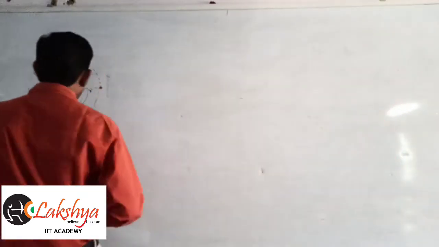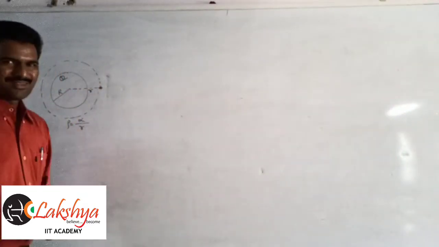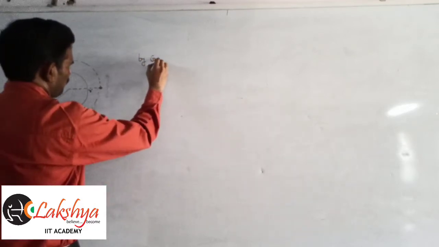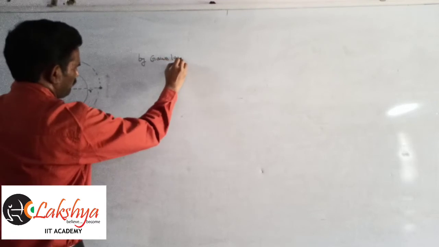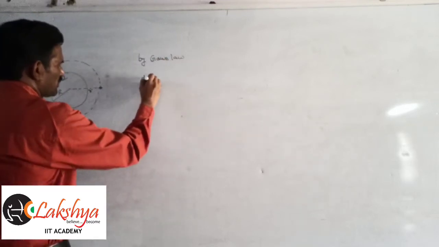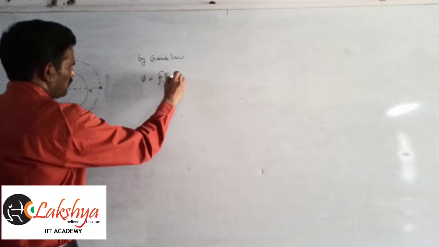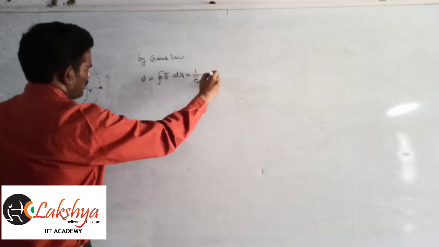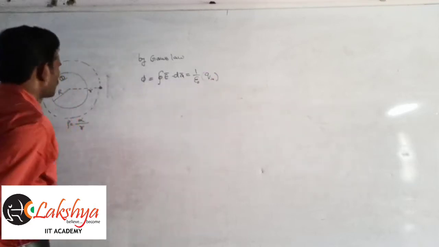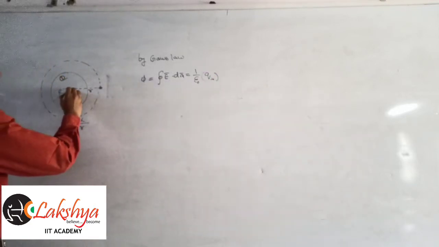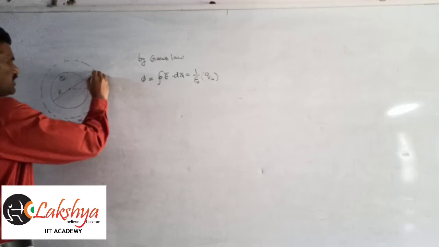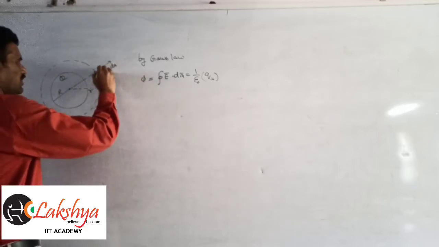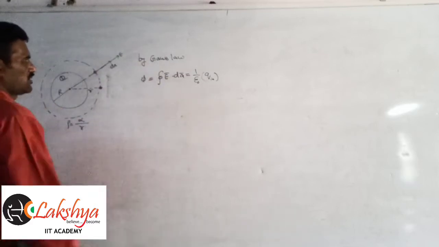So again our usual Gauss law application. By using Gauss law, I can write integral of E bar dot dA bar is equal to 1 by epsilon naught times the charge enclosed Qe. Now here again we consider a small elemental area, and this is our dA bar, and E bar will also be along the same direction.